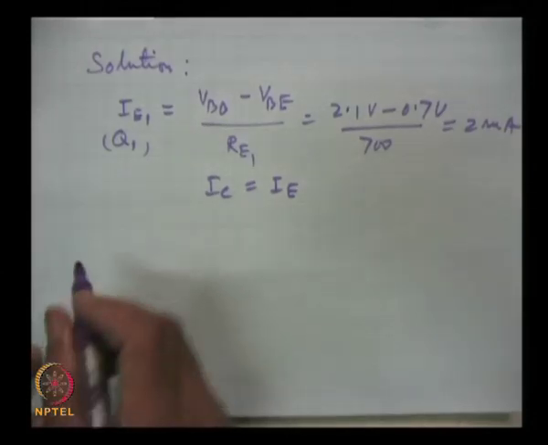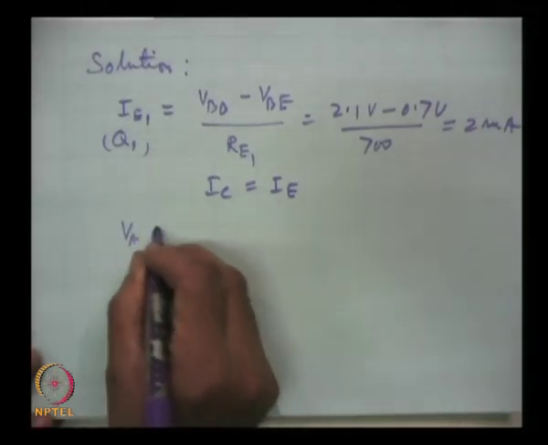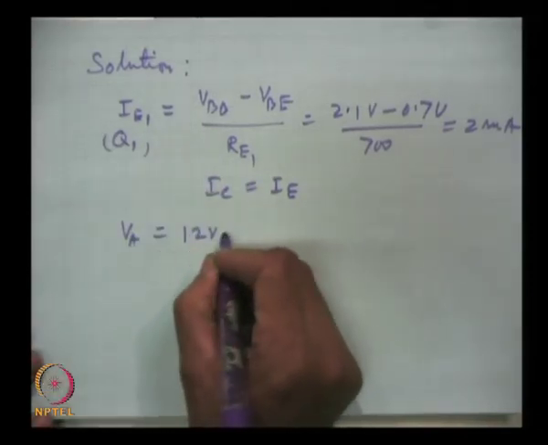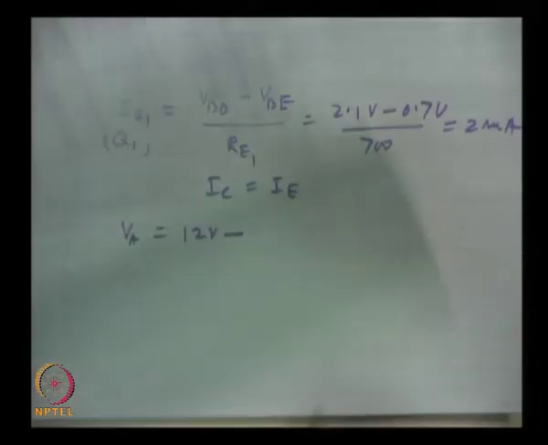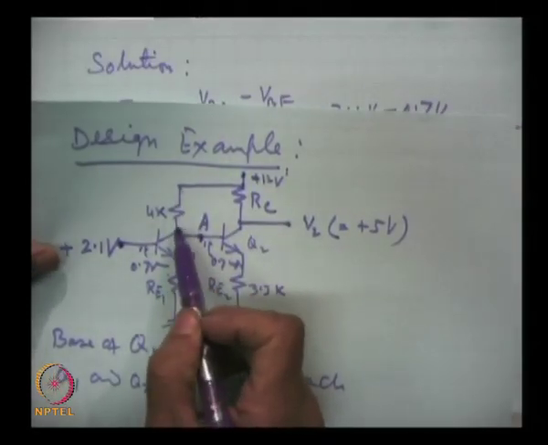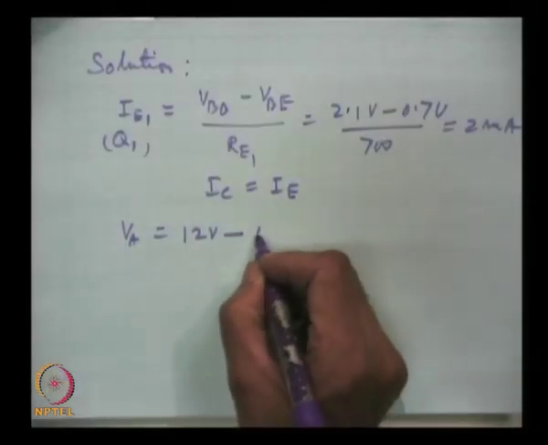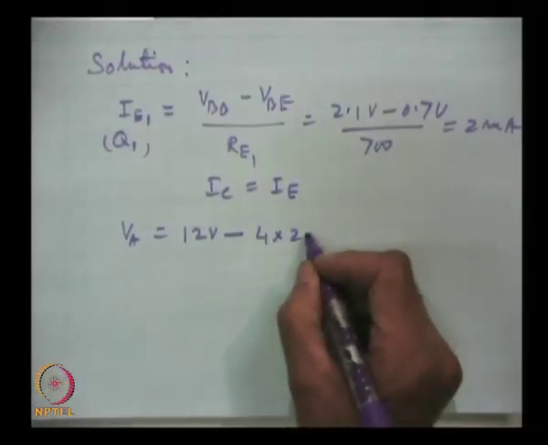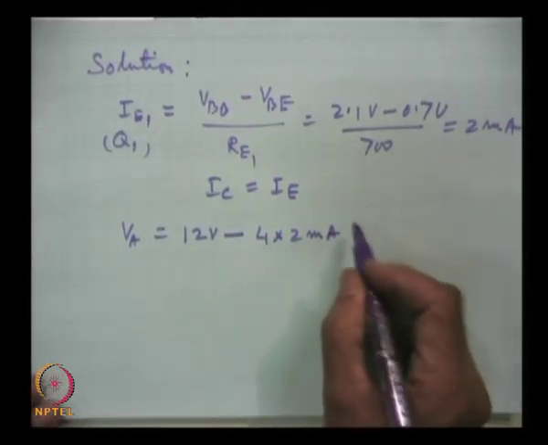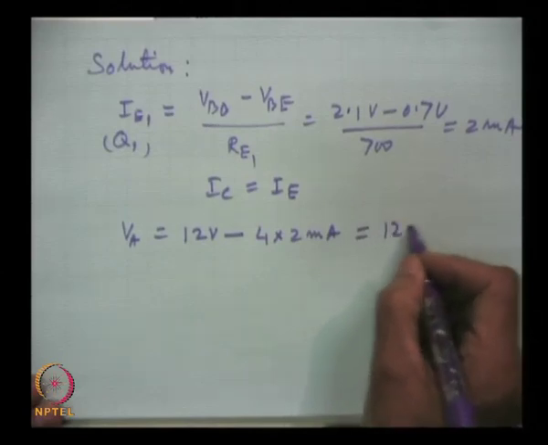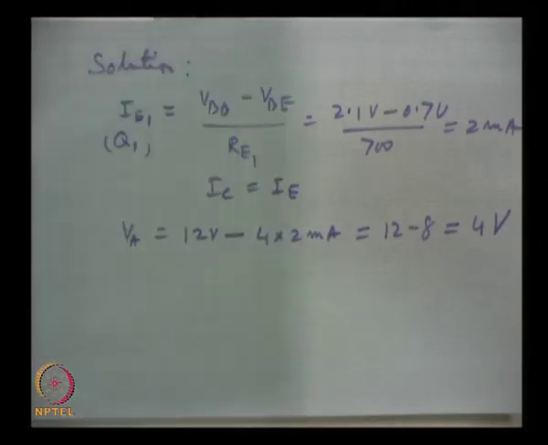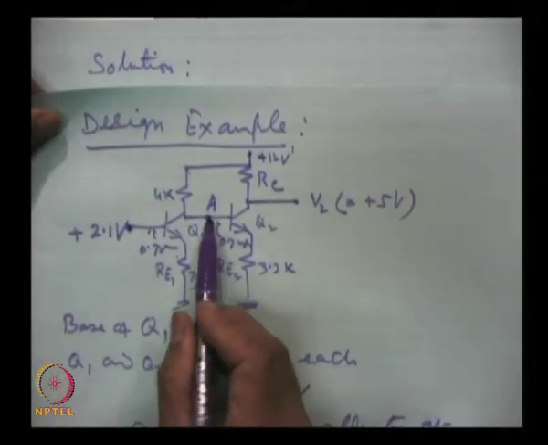So, here VA will be simply, you apply Kirchhoff's voltage law, this is connected to 12 volts and 2 milliampere current is flowing. So, obviously 4K into 2 milliampere is 8, and so 12 minus 8 is equal to 4 volts. So, the potential here is 4 volts.